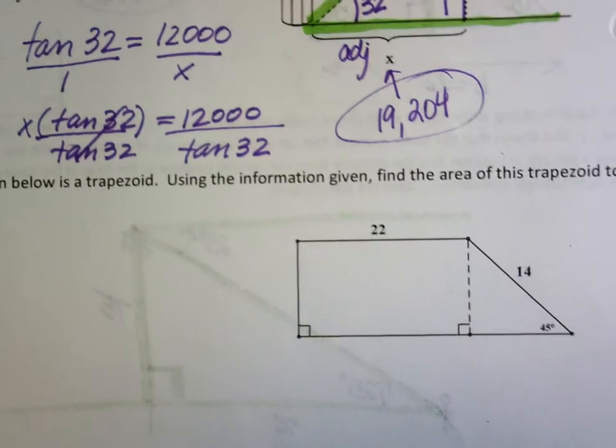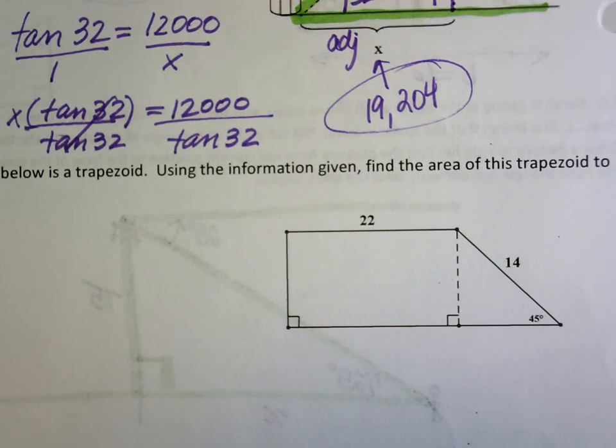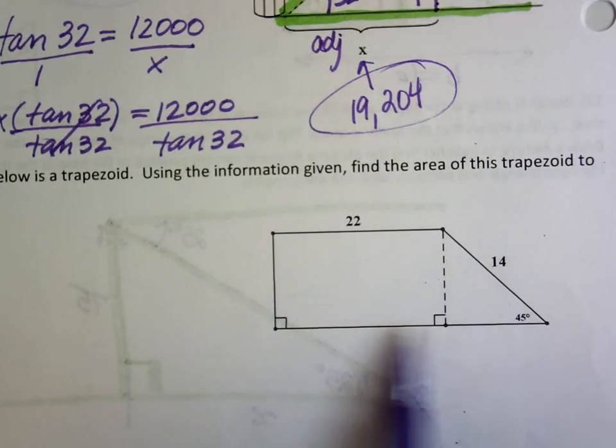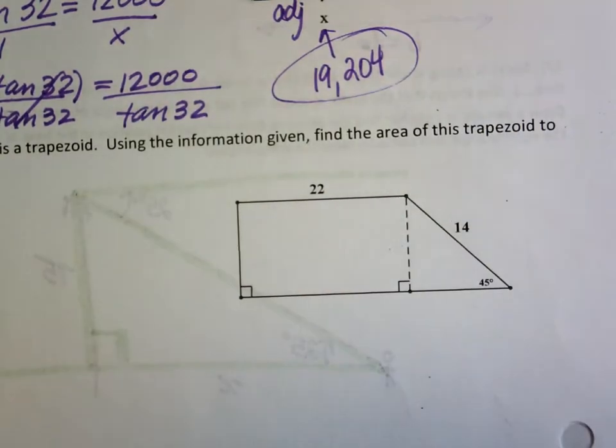Okay, on the bonus. It may have been a bonus here, but I would strongly advise trying it and then watching me do it, or seeing what you can figure about it. Basically, if I have to find the area of all of this, then I really need a little bit more information than I have now. I need to know how tall this rectangular part is.